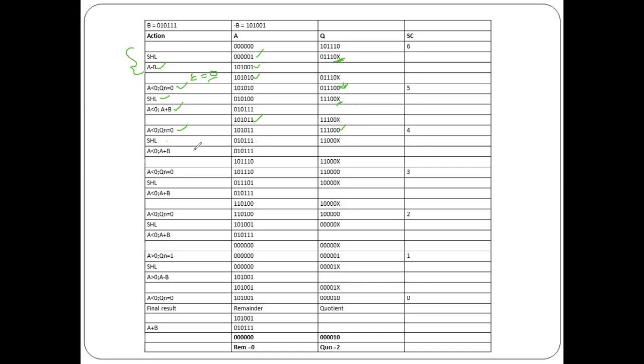Again, shift left. Previous value of Qn is 0, so I have added B. Based on this result, if it is less than 0, I made my Qn 0.